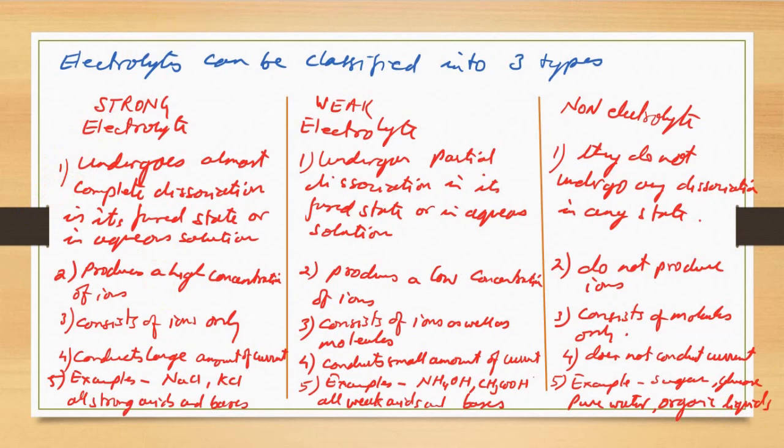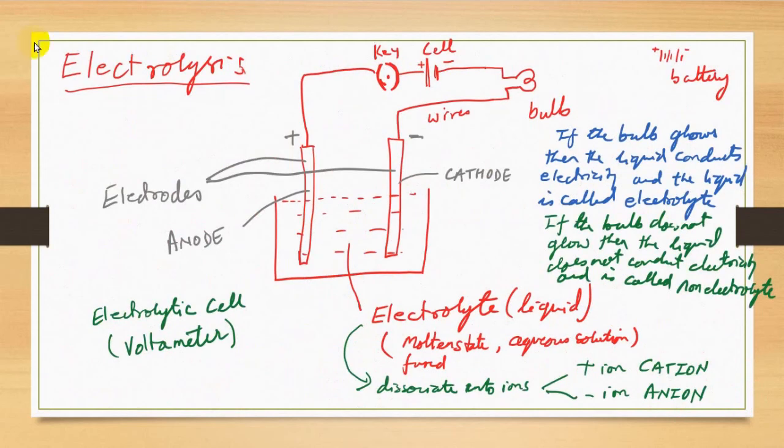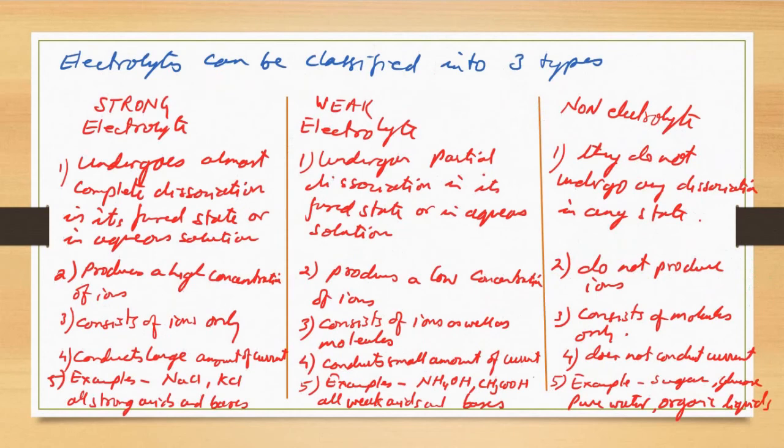In the beginning, when we were talking about the first part, I told you the bulb glows, isn't it? If the bulb glows bright, that means it is a strong electrolyte. If it is glowing dim, then it is a weak electrolyte. And if it does not glow, that is a non-electrolyte.